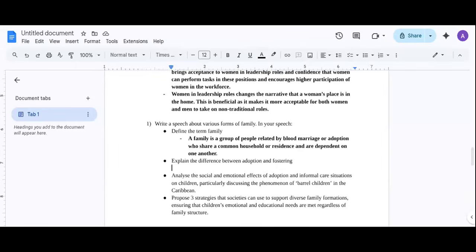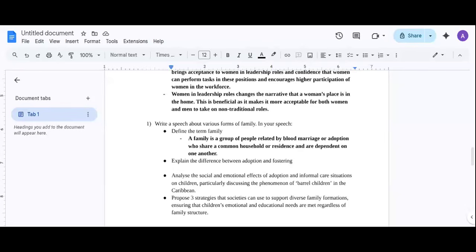Persons may not be able to have children on their own, and thus will lead them to adopting or fostering children. And that is where you begin to now explain the difference between adoption and fostering.